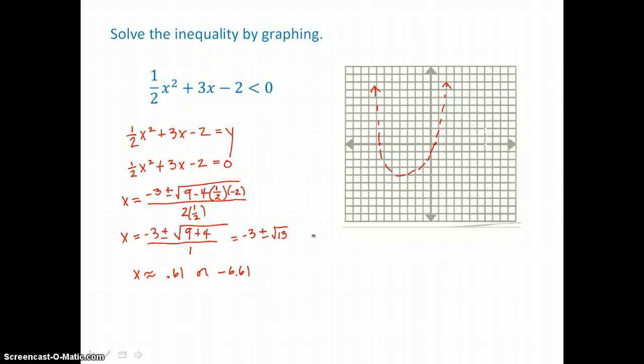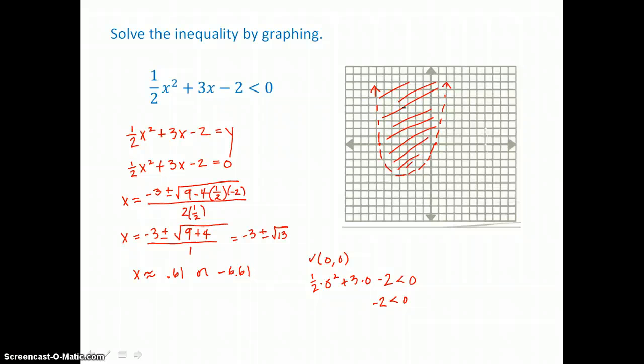I can use the origin since the boundary does not go through the origin, and I'll put 0 in for x and 0 in for y, and this inequality is true. -2 is less than 0, so I know I'm shading inside this parabola that's opening up. The origin gave me a true statement.